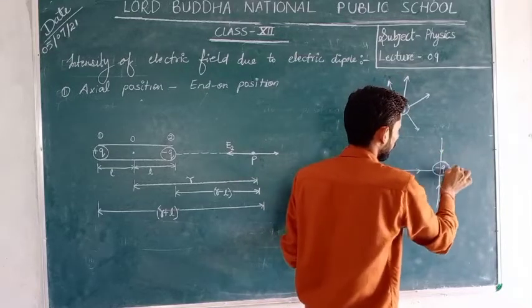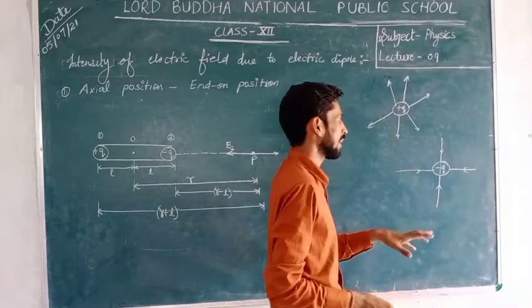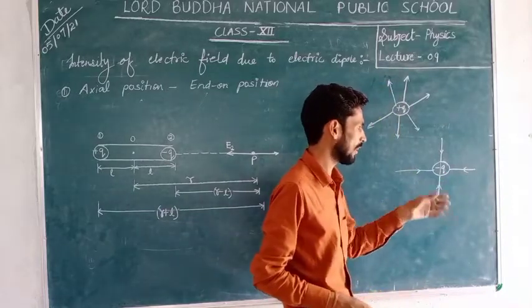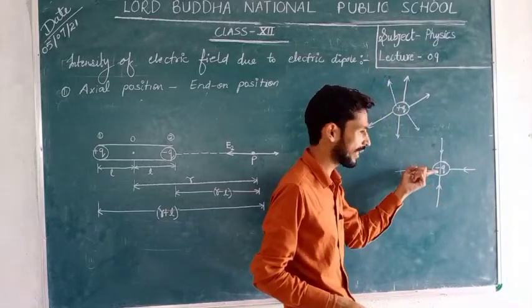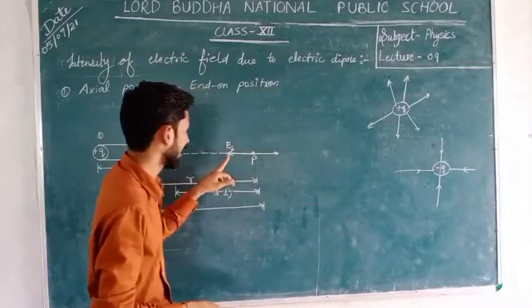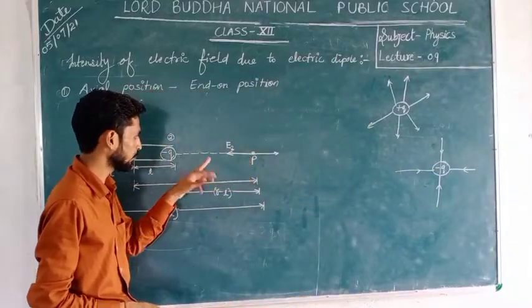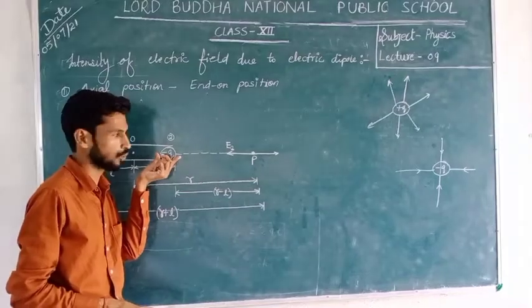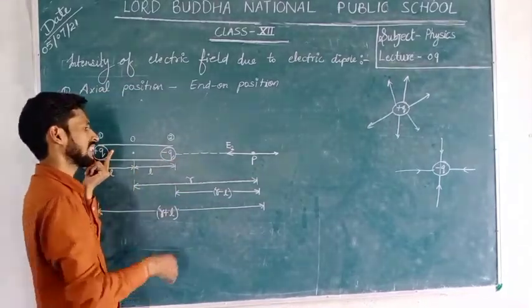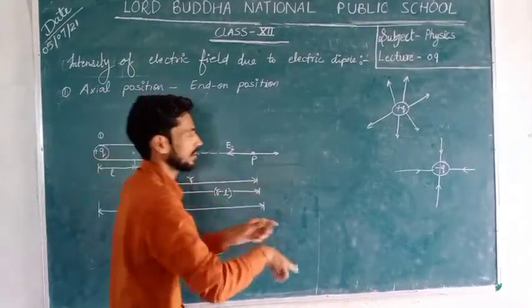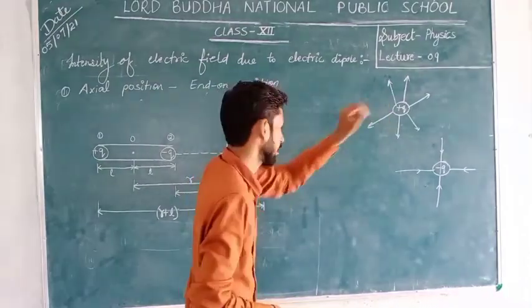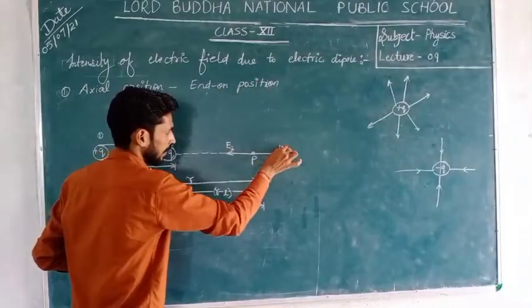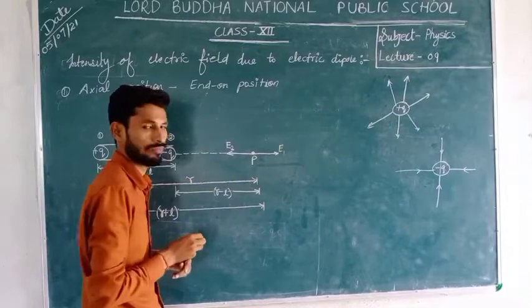By this concept, the direction of electric field is towards the negative charge due to the charge minus q, and due to the charge plus q, there will be outward direction. So here is the E1.